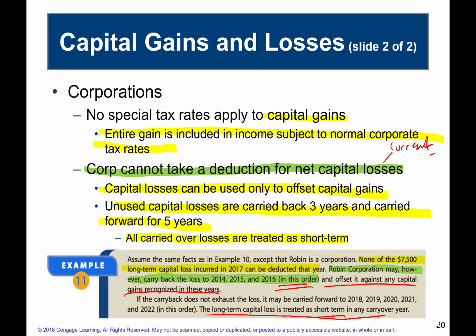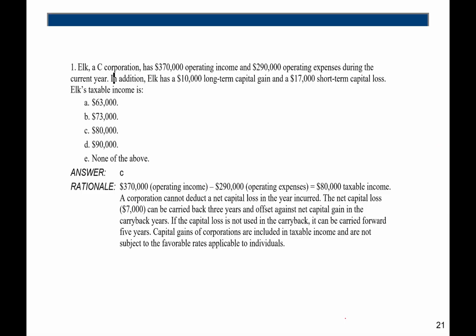Okay, all right, so let's take a look here. We have this Elk Corporation. $370,000 of operating income, $290,000 of operating expenses. Clearly, whoever's writing these questions is not a financial accountant, because we don't call revenue operating income. Operating income is what's left over, revenue minus expenses.